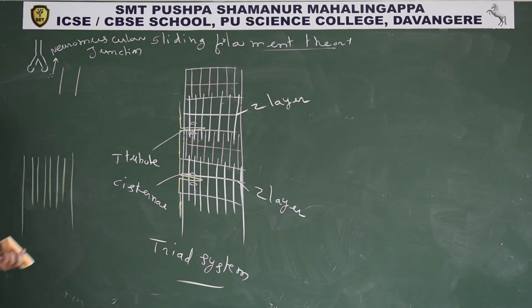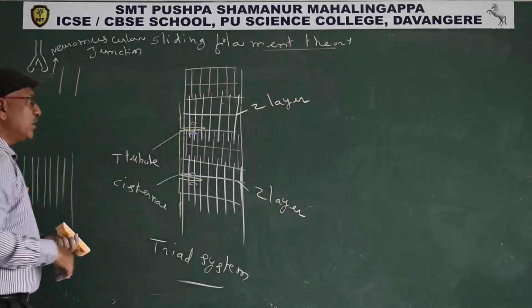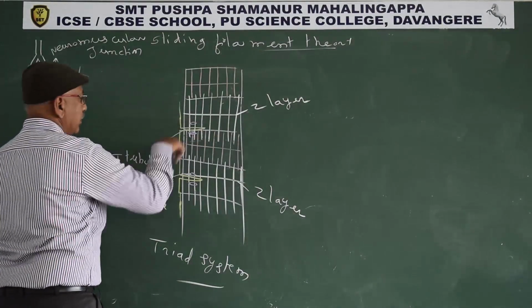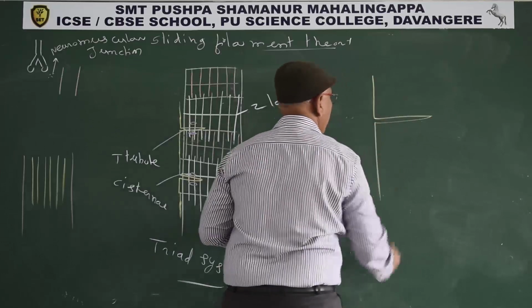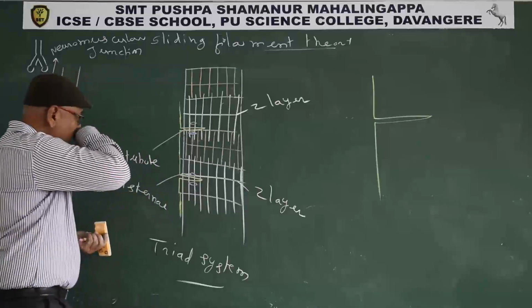The plasma membrane of the muscle cell, sarcolemma, invaginates. Invagination means fold inwards. As a result, T-shaped tubule is formed near the Z line.